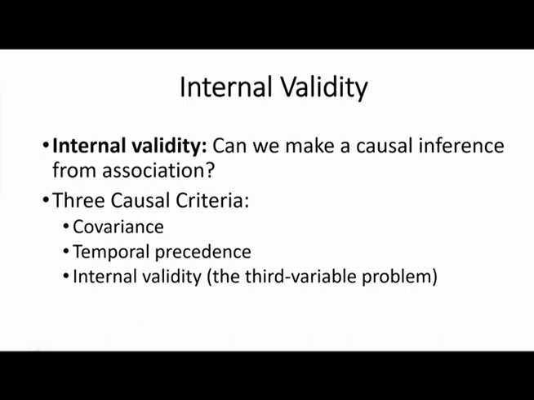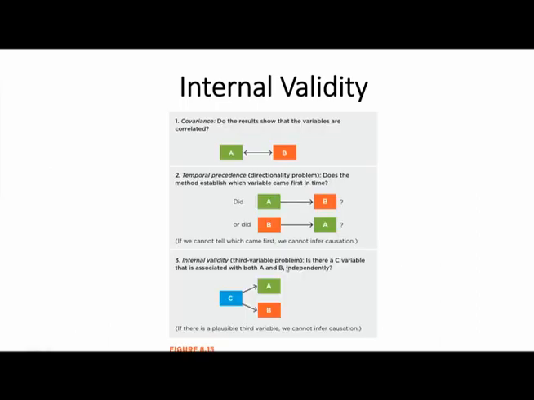So our 3 causal criteria are going to be covariance. So to have a causal relationship, we must first show that there is an association between what we think is the cause variable and what we think is the effect variable. So if we're looking at A and B, and I'm actually going to swap over to the next slide where we have a visual, because I find that this helps.